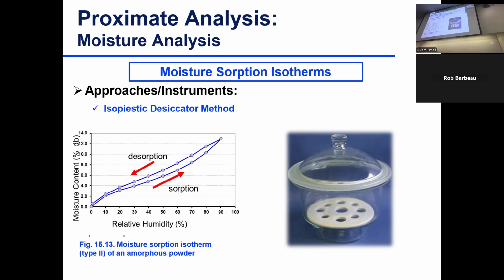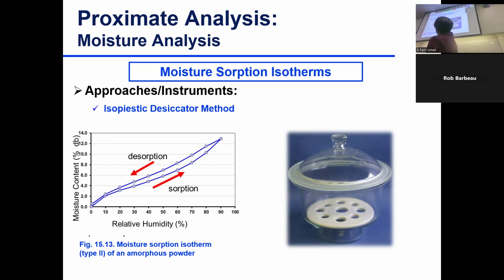Then we take a sample from each water activity or relative humidity desiccator, measure moisture content on dry basis, which is the ratio again of moisture to dry matter, and plot it against the water activity that we actually measure using the Decagon, like we did in lab.